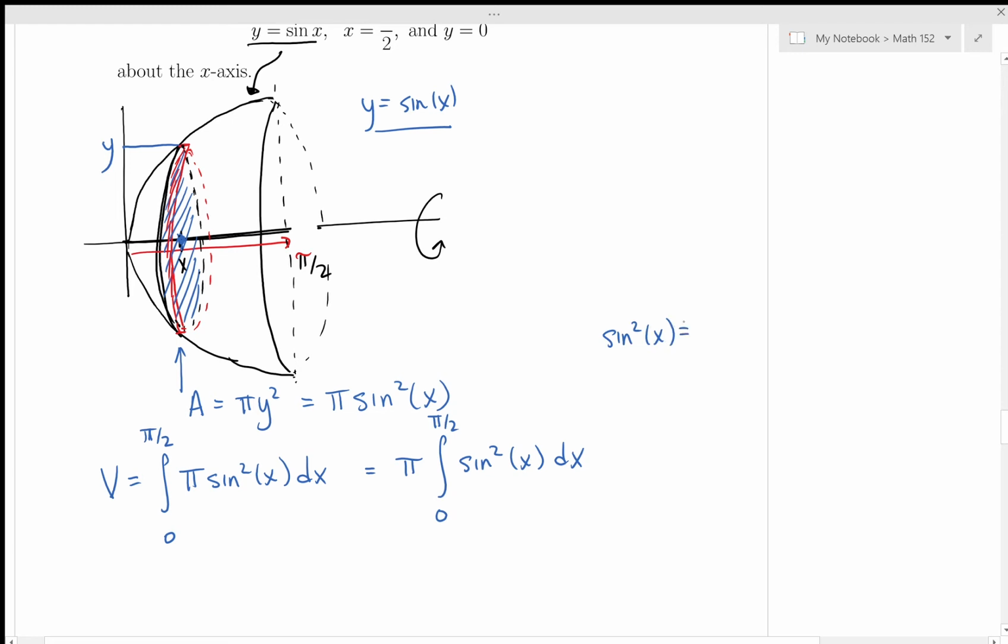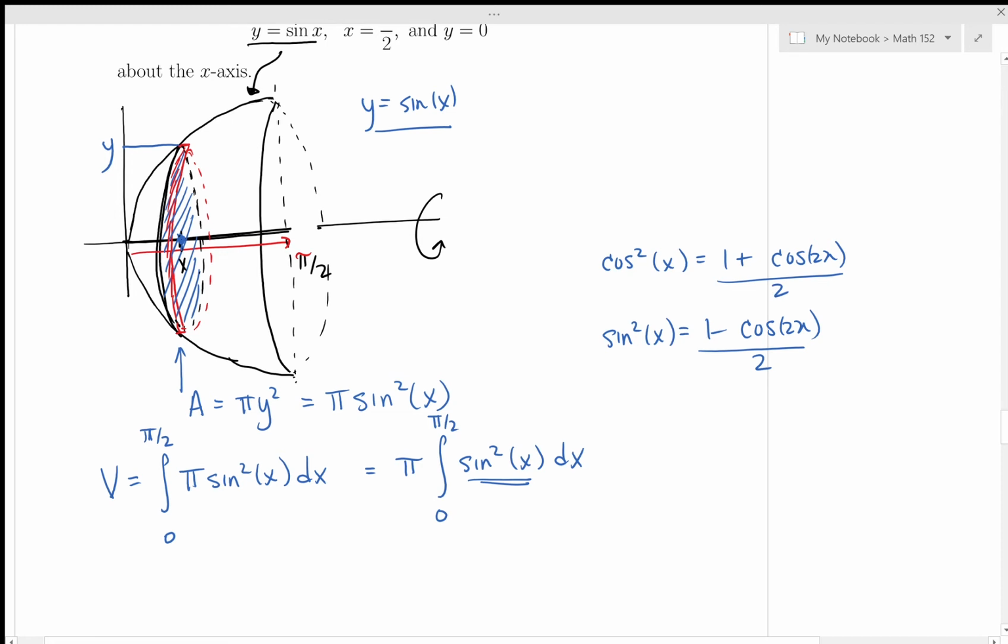That is this one here, 1 minus cos 2x over 2. These are very handy for simplifying integrals when you see something that looks like sine squared. Just to recall, the other one looks like this. Those two trig identities are highly useful.